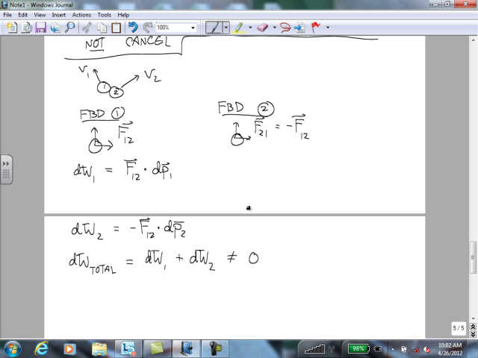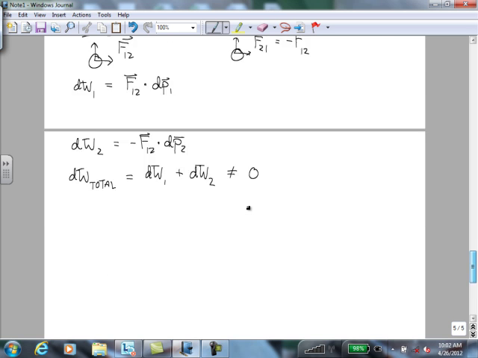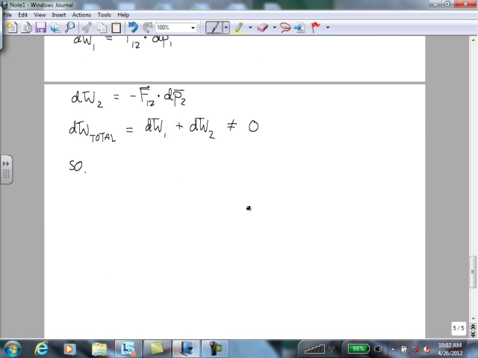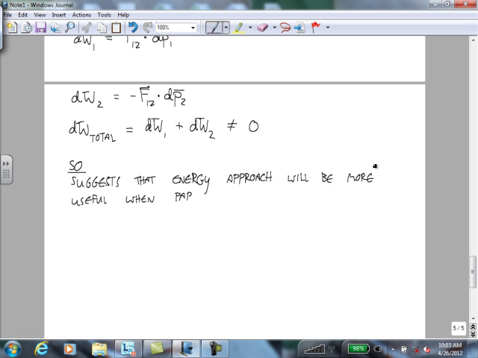Okay, so this suggests that the energy approach will be more useful for systems where particles move together.